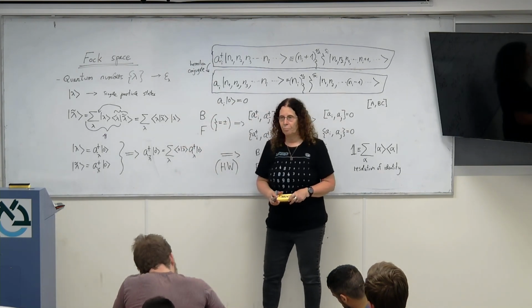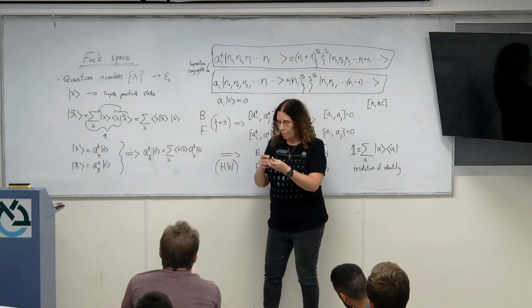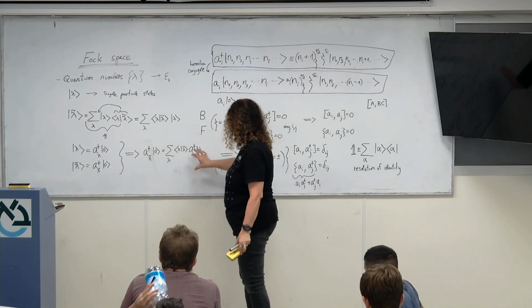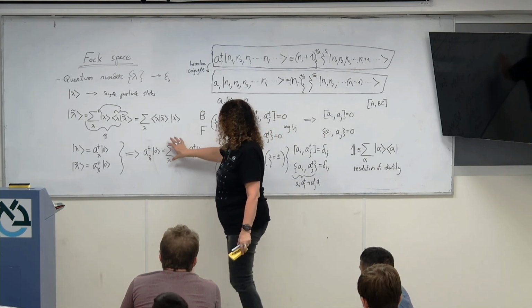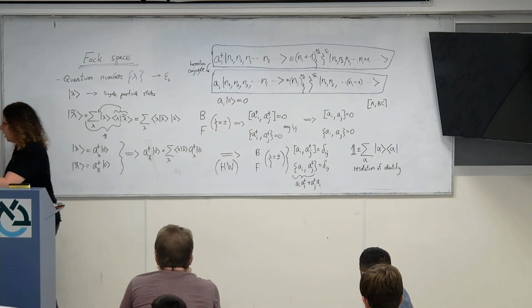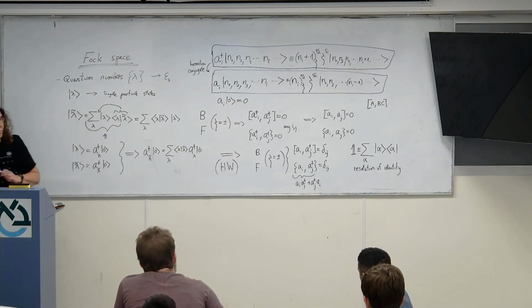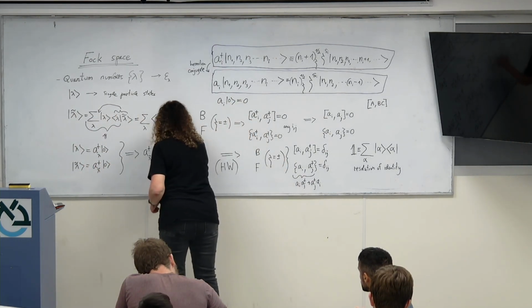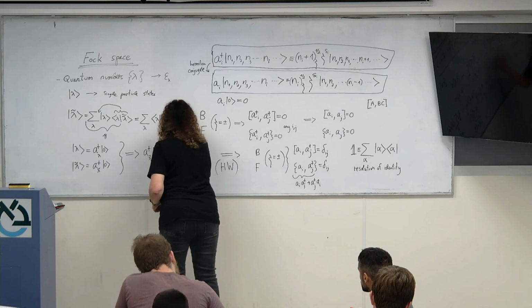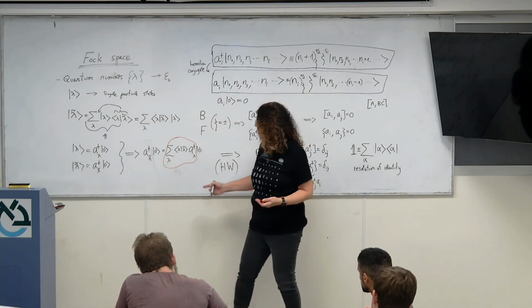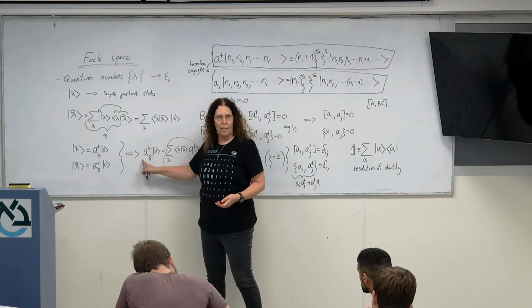Okay, so what I have on the right-hand side is just a different way of rewriting A lambda twiddle dagger, right?